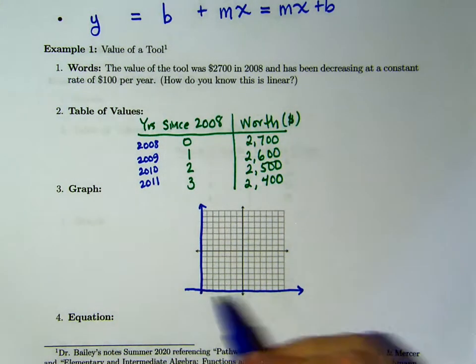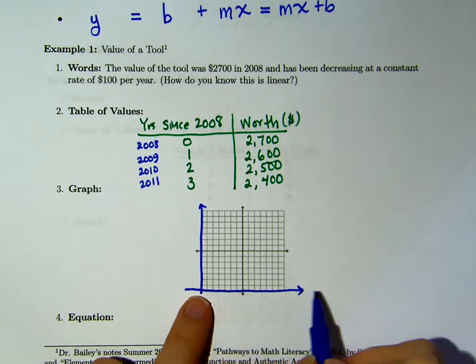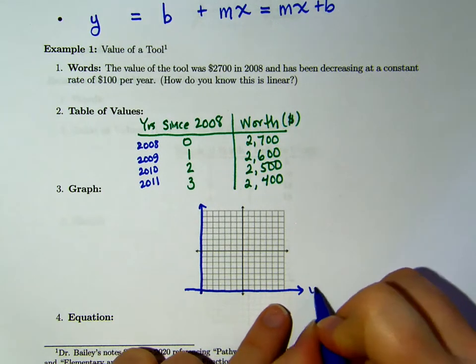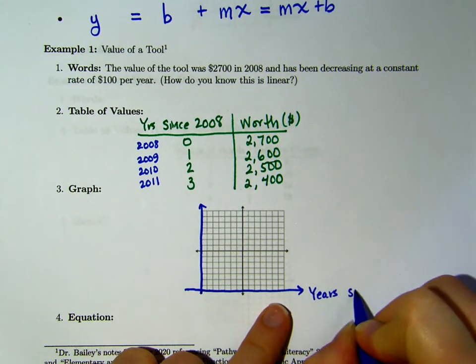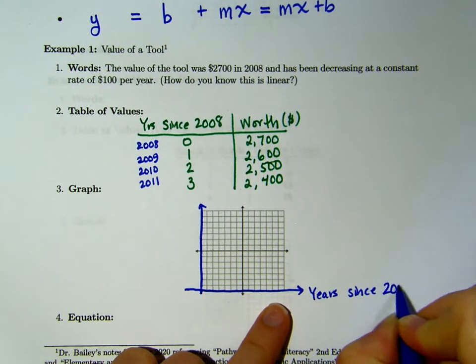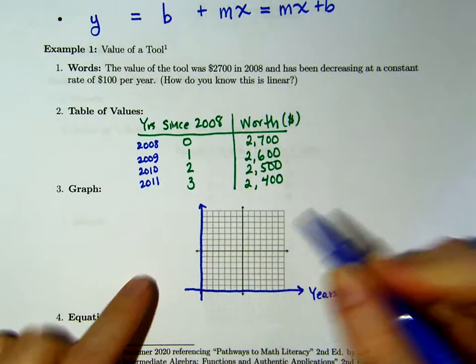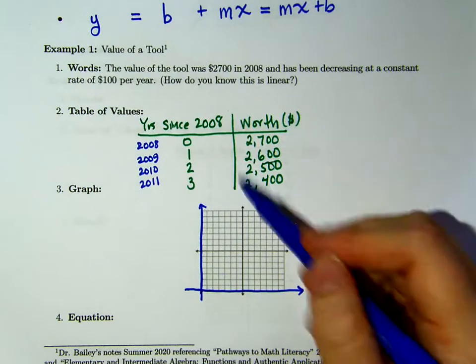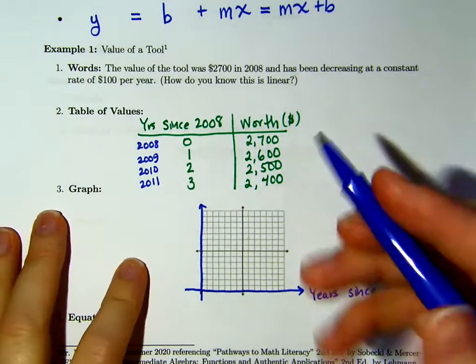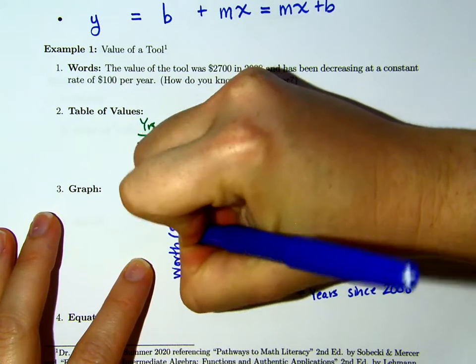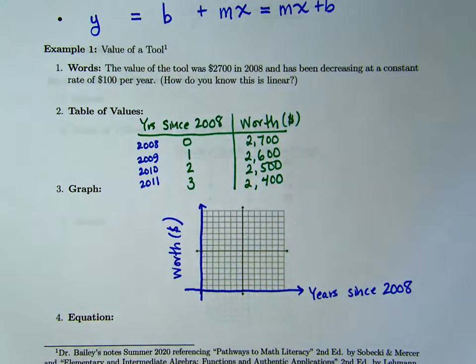Let's label this. The explanatory variable is time, so years since 2008. And the responding variable is its worth in dollars. Okay, let's plot these points.